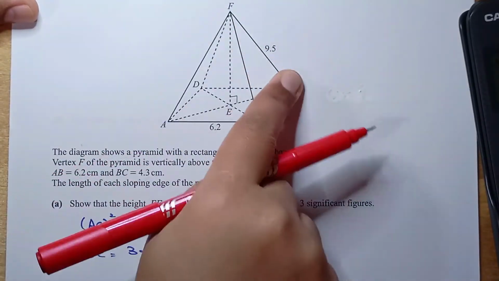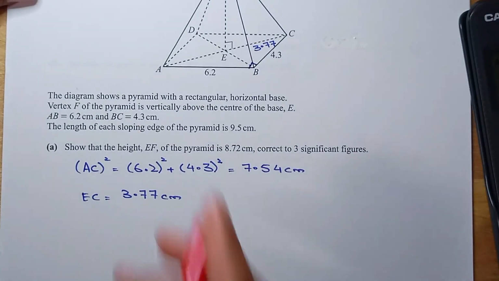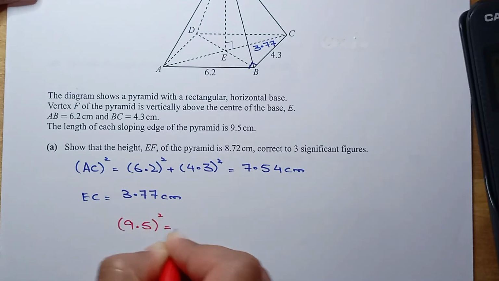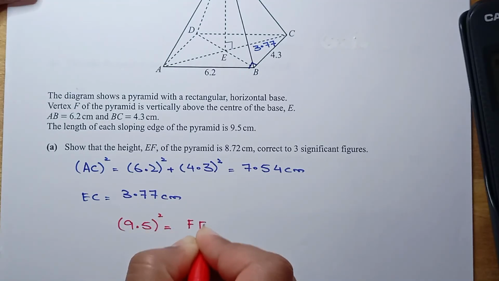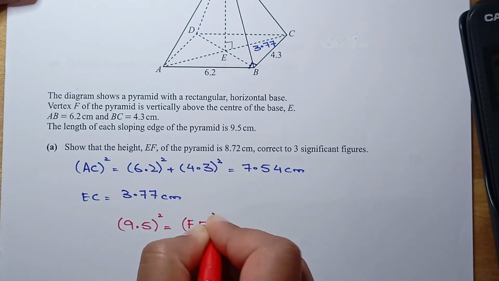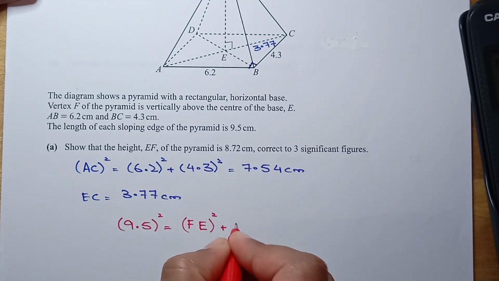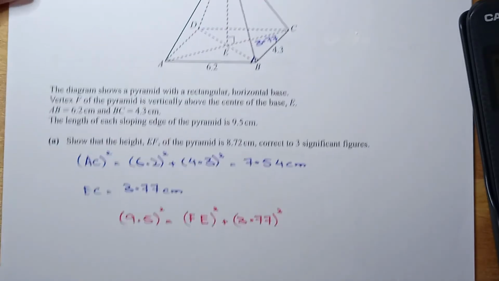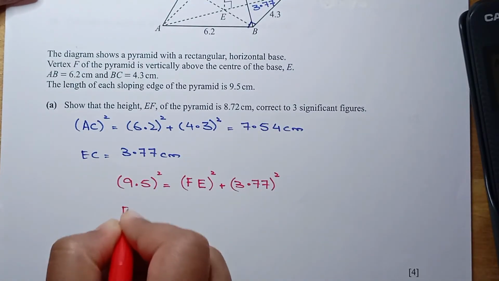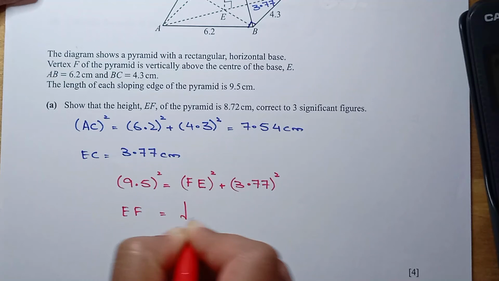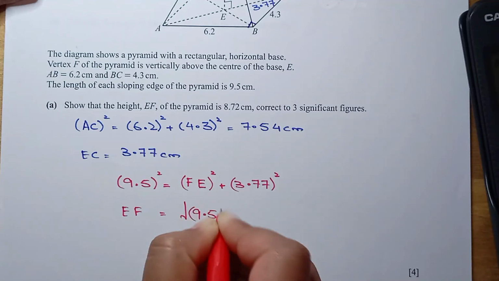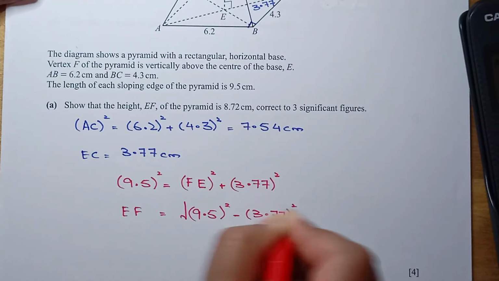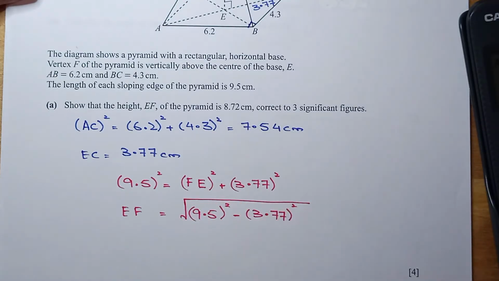Okay, so the hypotenuse is 9.5 squared, equal to EF squared plus EC squared, 3.77 squared. So we can find EF by doing the square root of 9.5 squared minus 3.77 squared, correct to three significant figures.